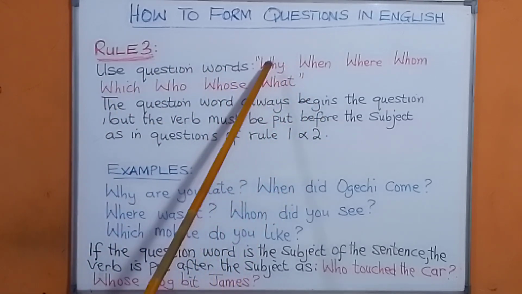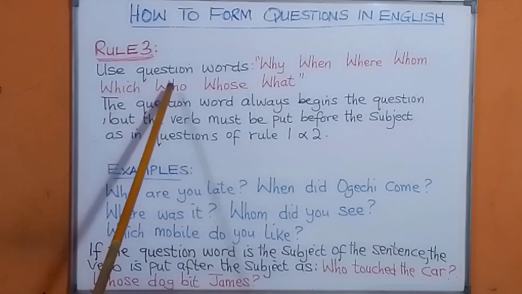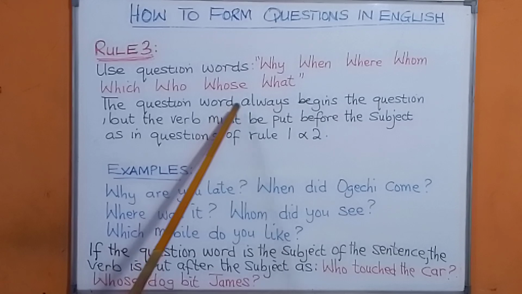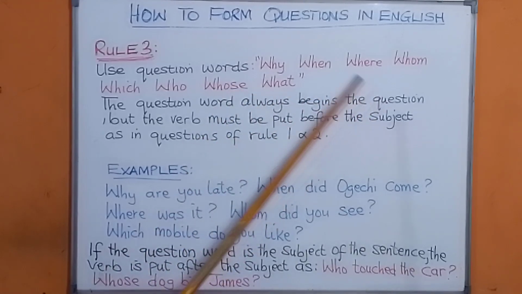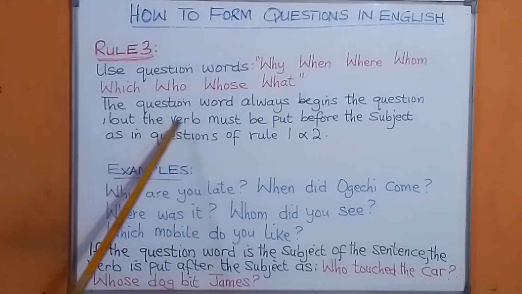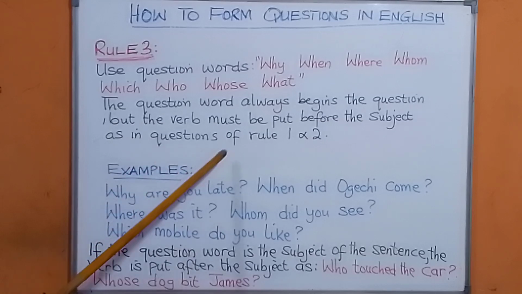The question words are why, when, where, whom, which, who, whose, what. And the question word always comes before the question, always begins the questions. But the verb must be before the subject, as in questions of rule 1 and 2.